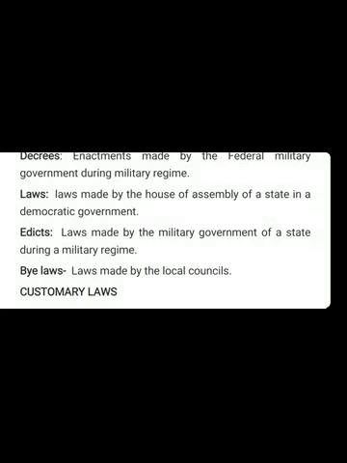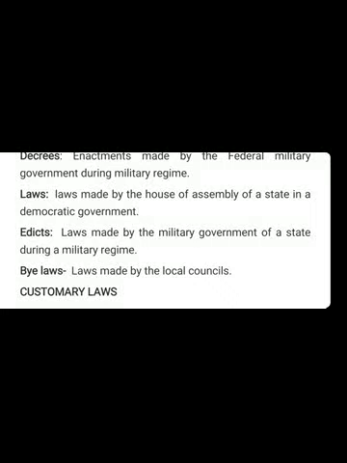Laws are made by the House of Assembly of a state in a democratic government. Edicts are laws made by the military government of a state during a military regime, while bylaws are laws made by the local government council.